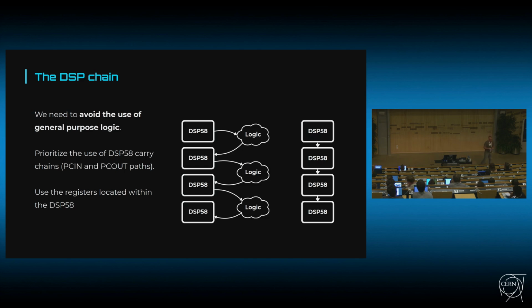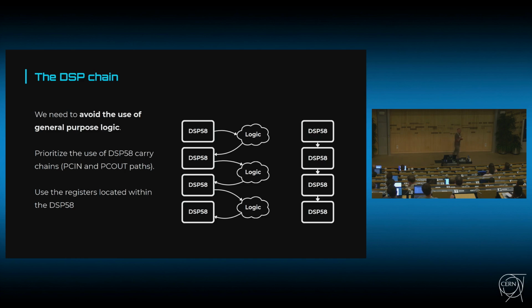We can see that here we have one implementation where I calculate the first multiplication in a DSP58, in case of a Versal ACAP, and then I go to the regular logic, but then I come back to the next DSP. This way I have a high speed in the DSP58, but then in the regular logic, I will have to face a decrease of the speed.